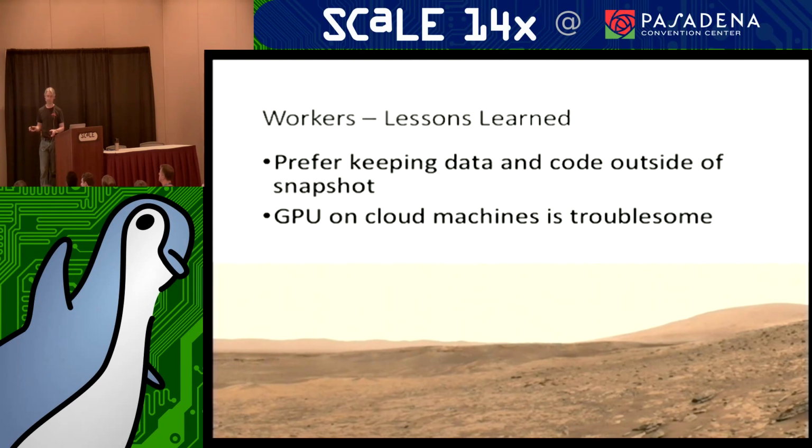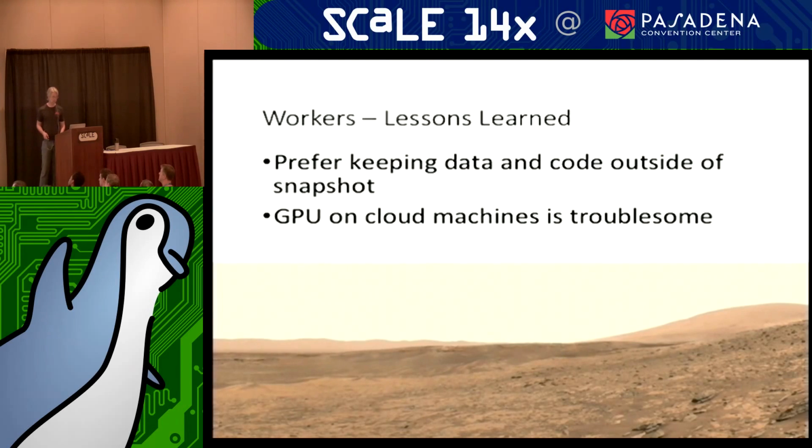So we bake as much of that as we can that we expect to not change frequently into the Amazon machine image, and then we try to keep all of the rest of our code in Git or other places that the worker can pull from. So we try to keep the workers in a state where they can be brought up very quickly and pull down the resources they need. Baking things in the AMI is necessary for us to get the workers to spin up quickly, but it's a little bit of a pain to manage.